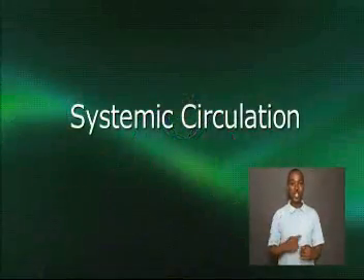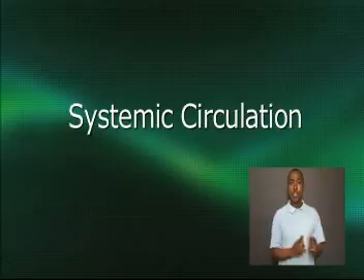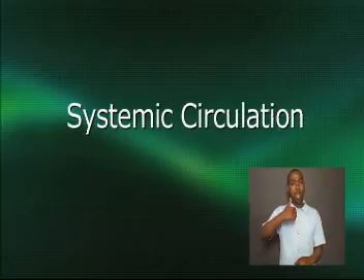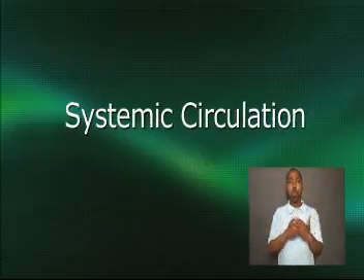We will learn about the 3 types of systemic circulation, which include hepatic portal circulation, renal circulation, and coronary circulation. Let us start by discussing systemic circulation. Systemic circulation is a major part of the overall circulatory system.